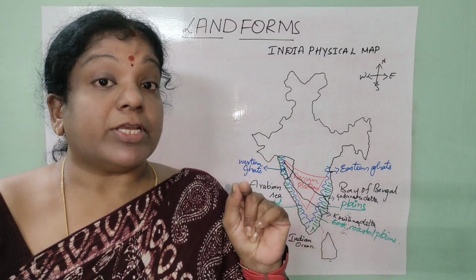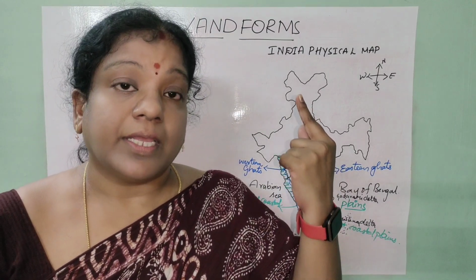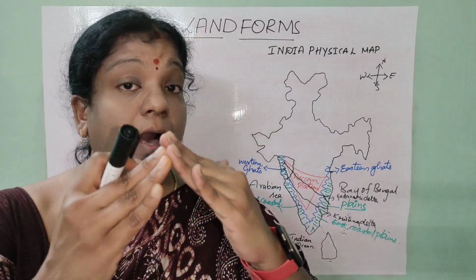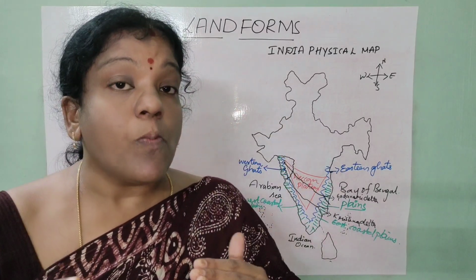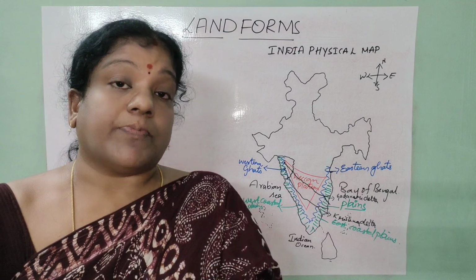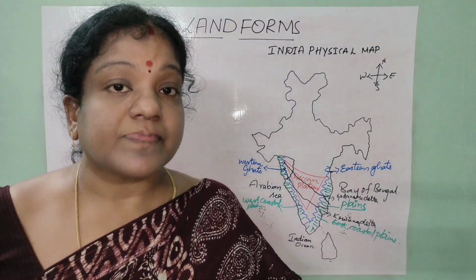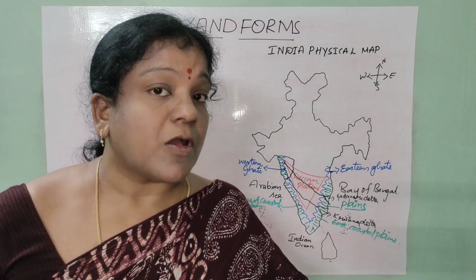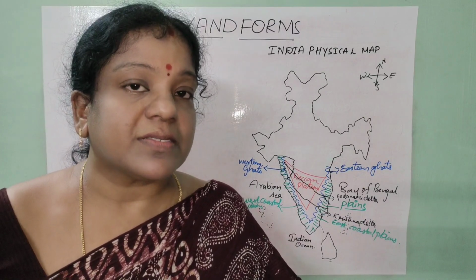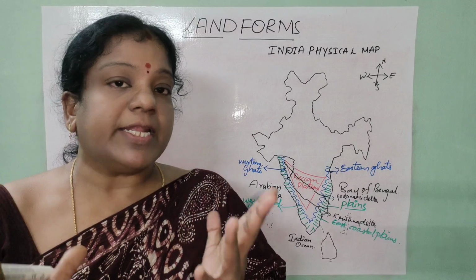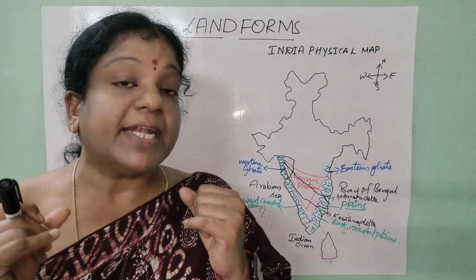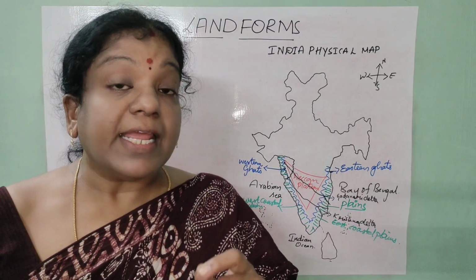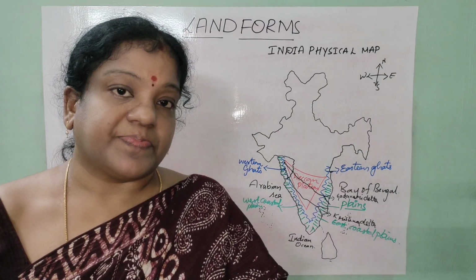In some regions the elevations are high. In some regions the elevations are a little bit low. In some regions, they are completely flat lands with some gentle slopes of slightly raised elevations. So when you find these many variations, this can be defined as the relief of a region.